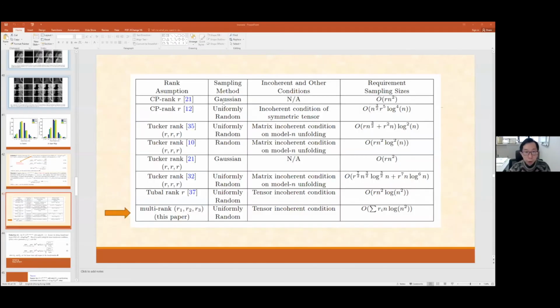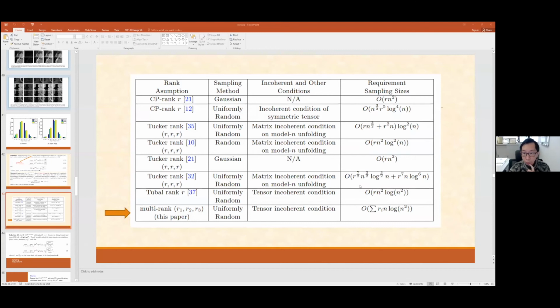Let me go back to this table. I can share it again, that would be easier. First of all, from a different sampling method, the best result for CP rank is n square or n to the power 3/2.